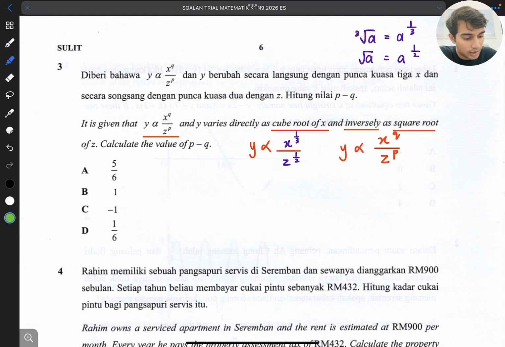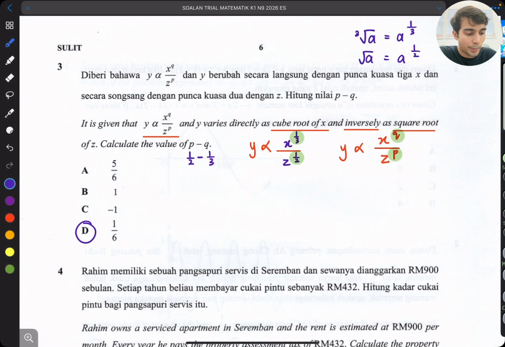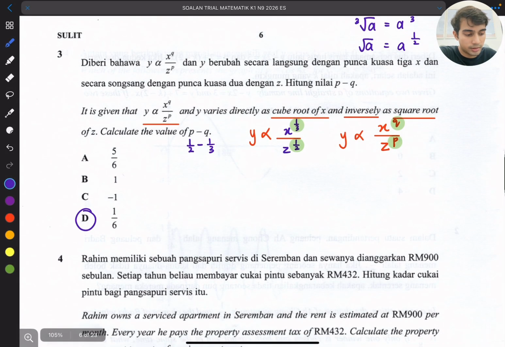So now we can say this equals to this and this equals to this. So looks like p is 1 over 2 and q is 1 over 3. So 1 over 2 minus 1 over 3. We get 1 over 6, D. Done.